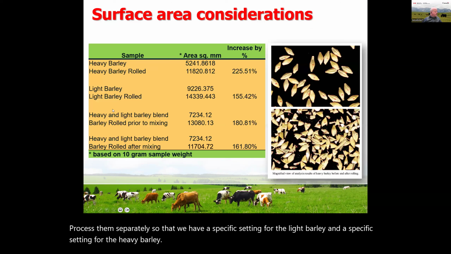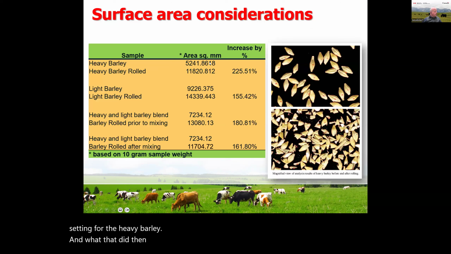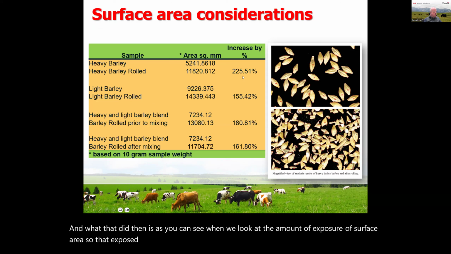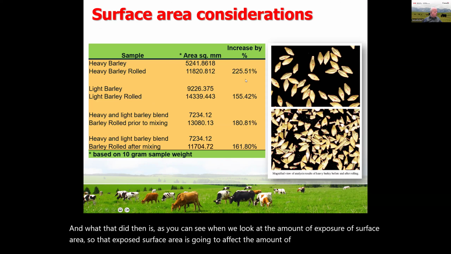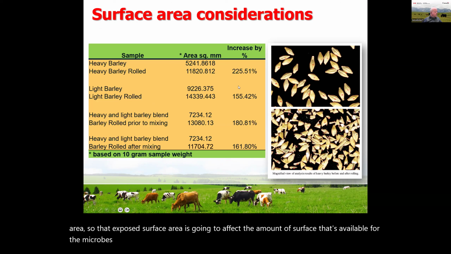What that did, as you can see when we look at the amount of exposure of surface area, is that the exposed surface area affects the amount of surface available for the microbes to attach to. When we process the heavy barley, we increase that by 225%, and by 155% for light barley.